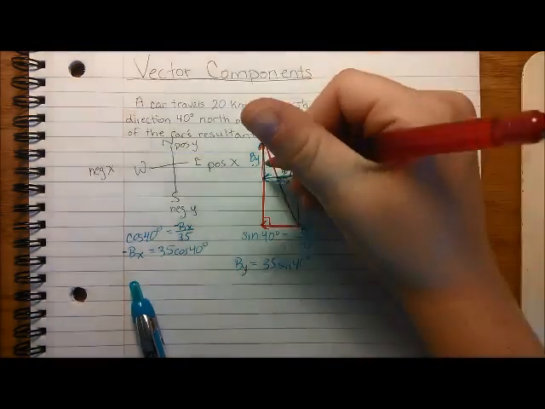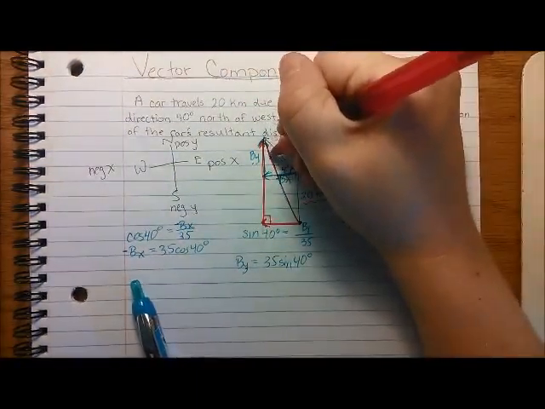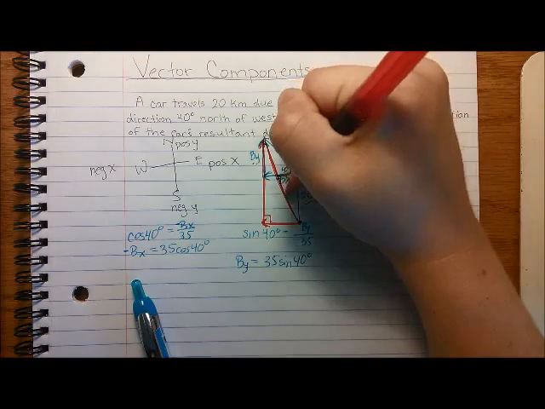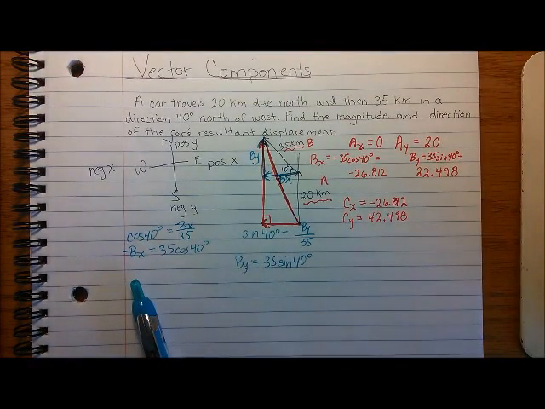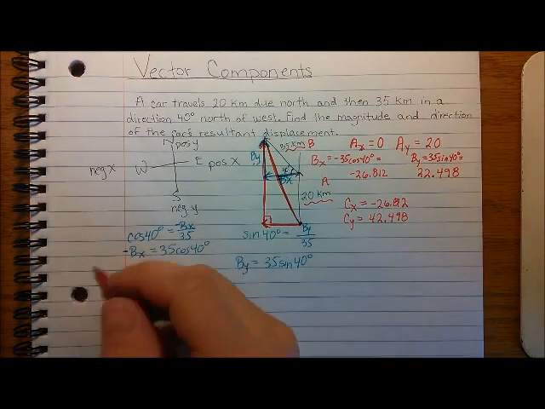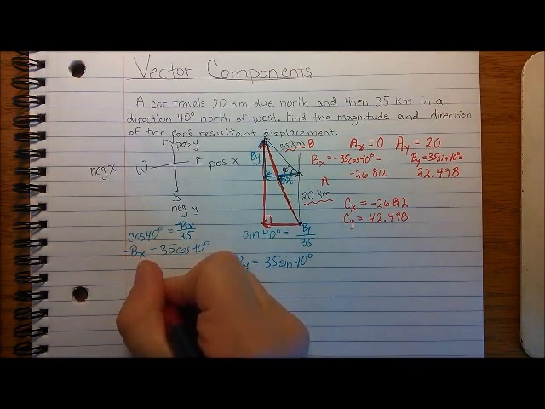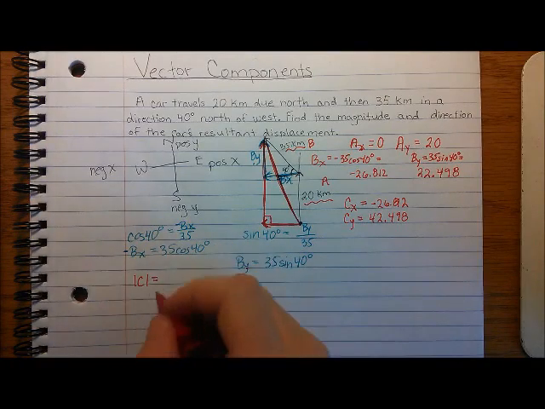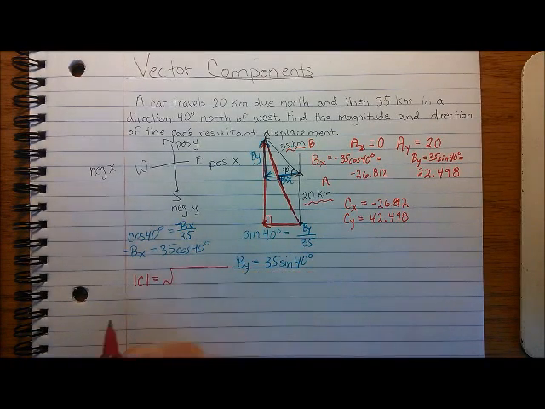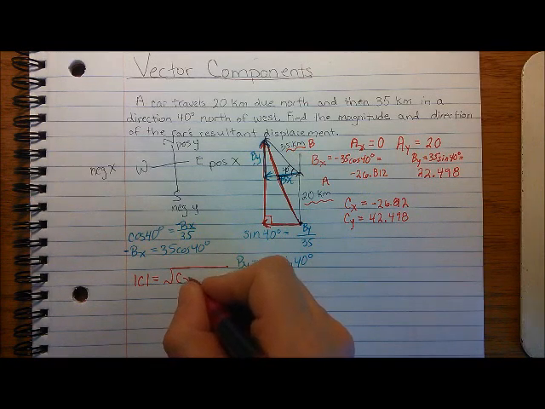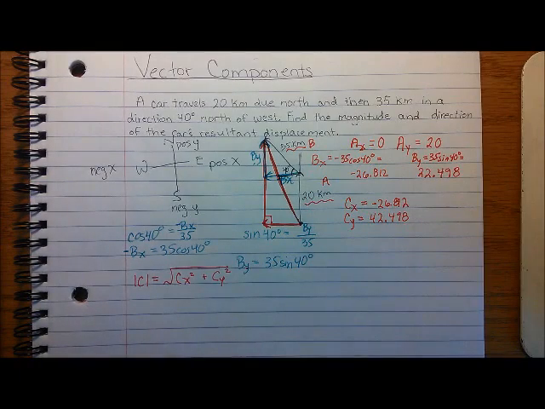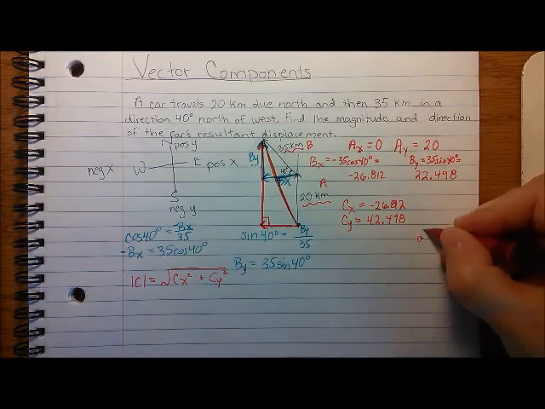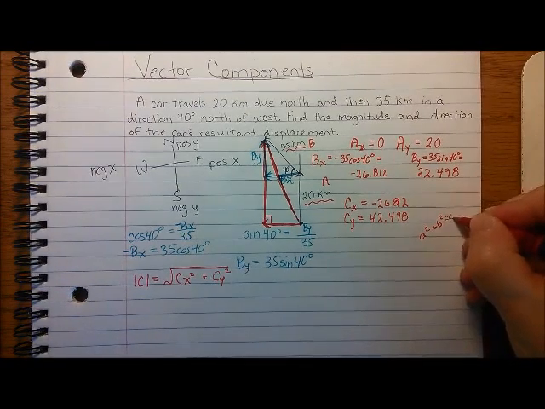So, as you can see, what we're looking for is the hypotenuse of the triangle. So you can see that we can easily use the Pythagorean theorem. So the magnitude of C is going to be equal to the square root of cx squared plus cy squared. And again, that just comes from Pythagoras: a squared plus b squared equals c squared.